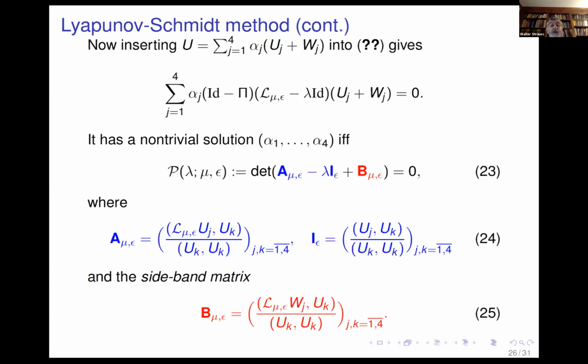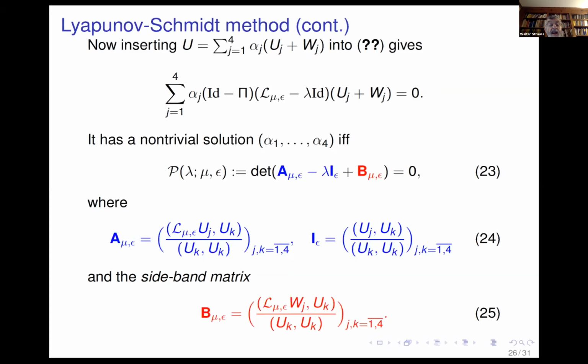So that's the determinant of a 4x4 matrix, which I write in two different parts. I write it as A, there's a minus lambda identity, and then there's a B. And the A and the B are given.